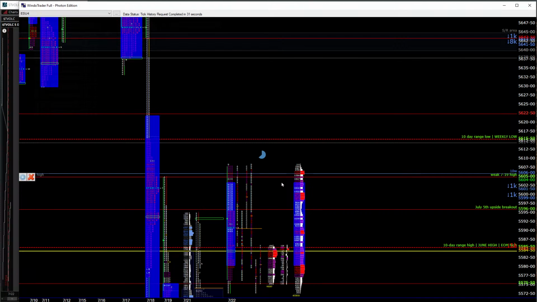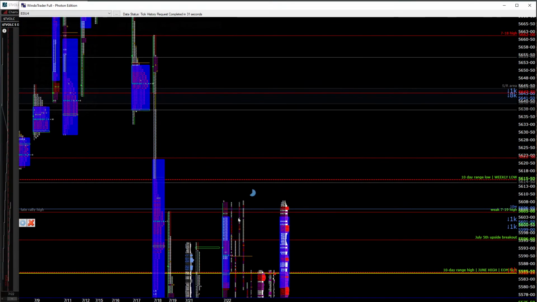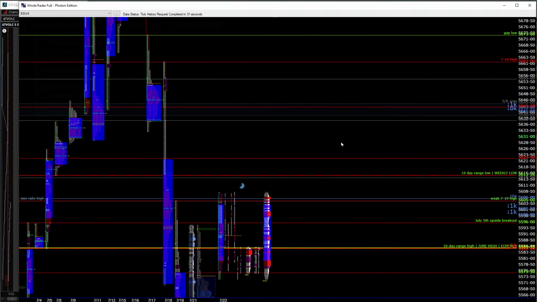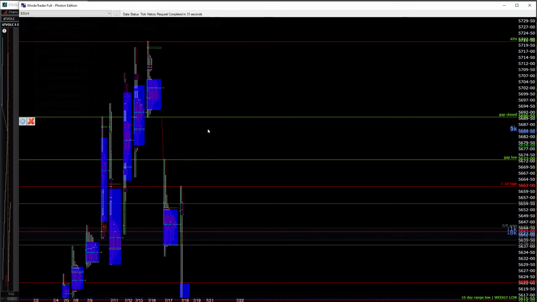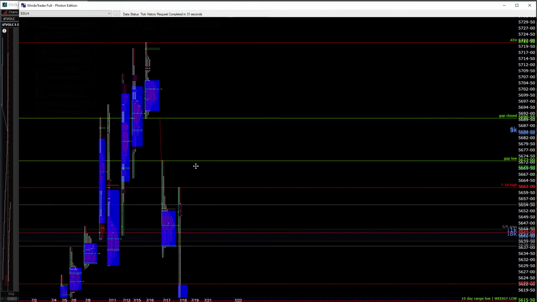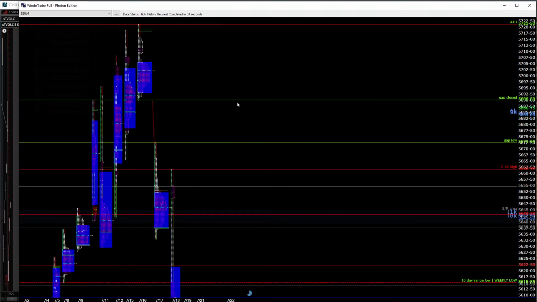But when it happens, this has the potential to have a virulent reaction to the outside because it's just too high here. There are so many stops in this area. And if all these stops are taken, the market will be back inside this 10-day range high, the upper range, which targets this high here. It targets the opposite side of the range, with a stop somewhere in between this gap here.